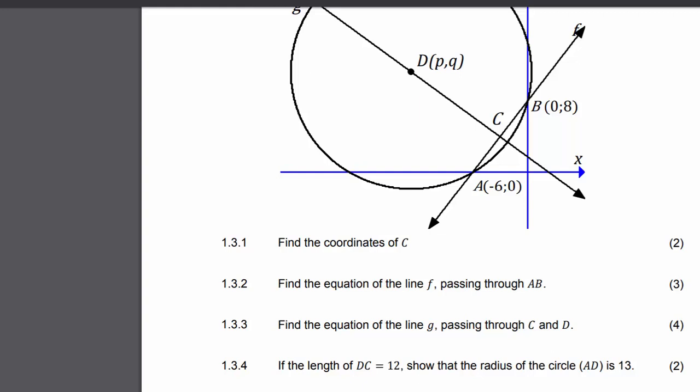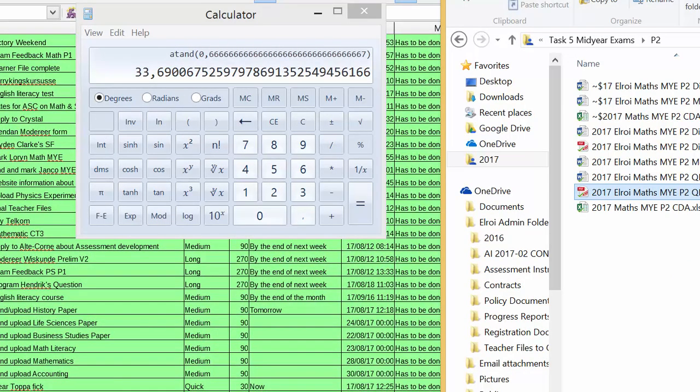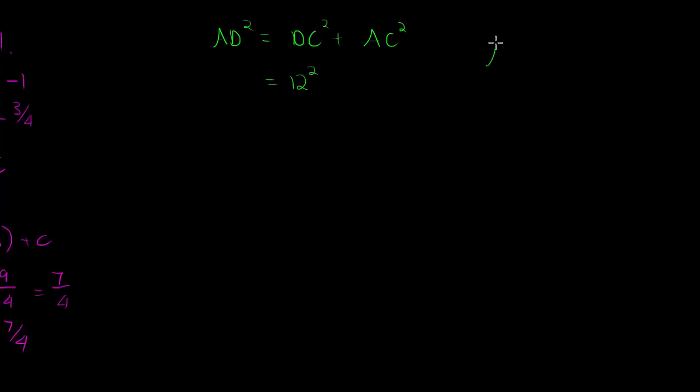I know that AC is half the distance of AB. So all I need to do is find AB, and AB is easy enough. So AC is equal to half of AB.